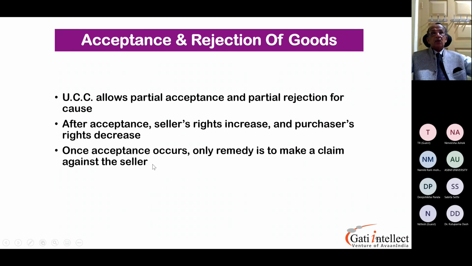Please understand the scenario. The material has come to your warehouse, and on opening you find that the entire cargo has been damaged. You cannot reject the material. On the contrary, as the buyer, you have to take appropriate measures and put a claim onto the seller, saying that you have received the cargo in a damaged condition.